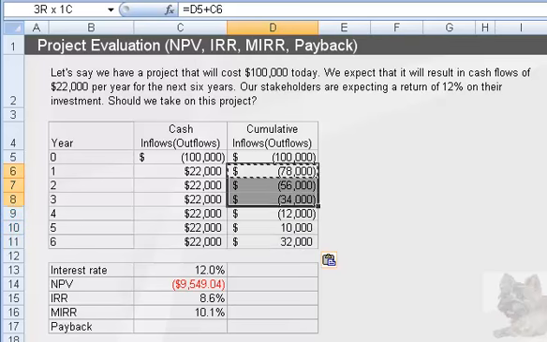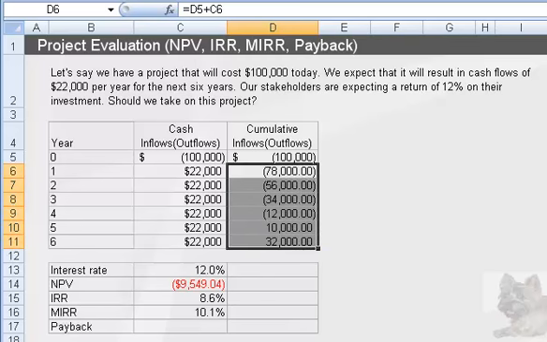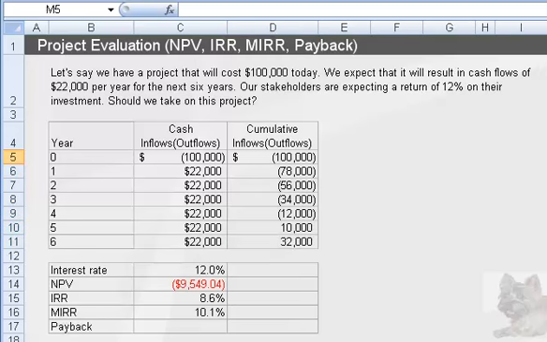Okay, now I don't need the dollar sign on all of these, so let me format that. And then what you see is we're negative off the bat. At the end of 1 year, we're still 78,000 in the hole. 2 years, we're 56,000 in the hole. 3 years, 35,000. 4 years, 12,000. So somewhere between 4 and 5 years, we have the payback.